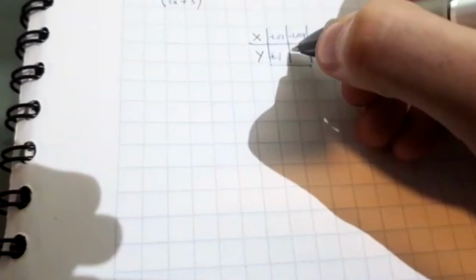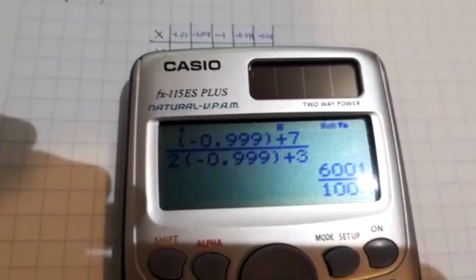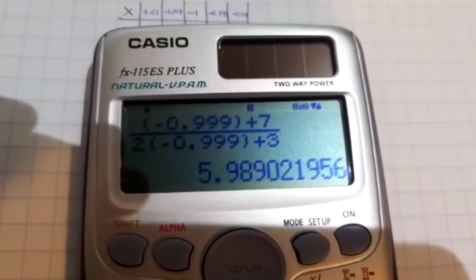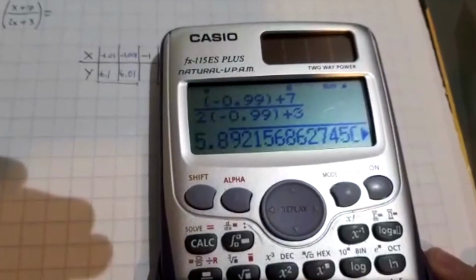We write it down. Then we need to plug the 999, which gives us 5.98. And the last number 5.8.